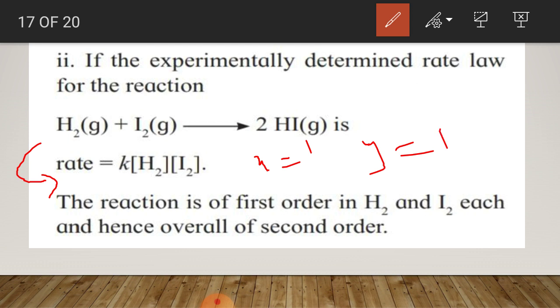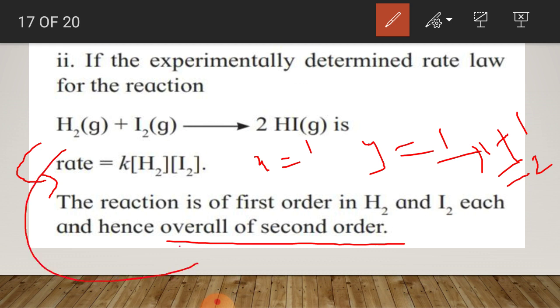So what is the sum of 1 and 1? 1 plus 1 is 2. So the overall order of the reaction is second order. Understood everyone? x is 1, y is 1, 1 plus 1 gives you 2, so the order of this reaction is second order.